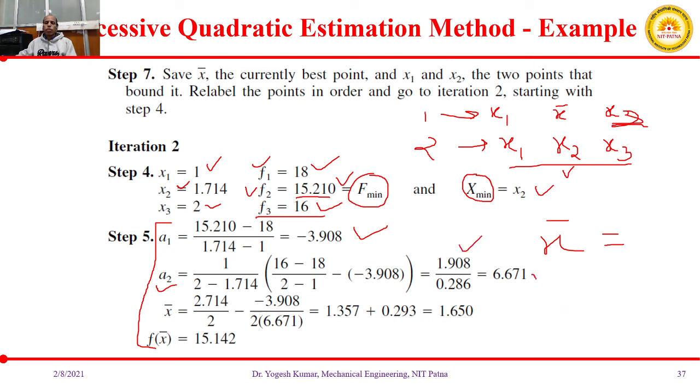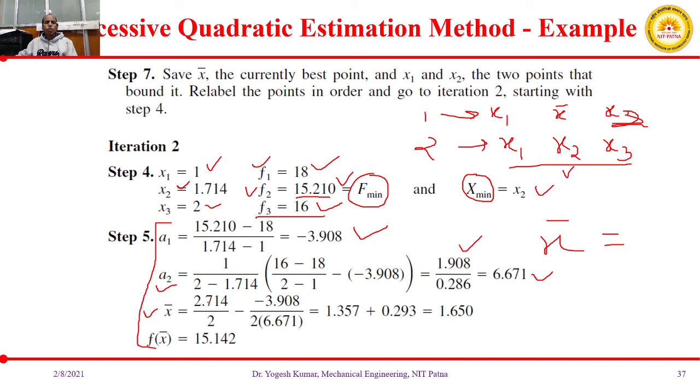If you calculate, this will come around 6.671. So we have calculated a1, we have calculated a2, and we already know a0 equal to f1.